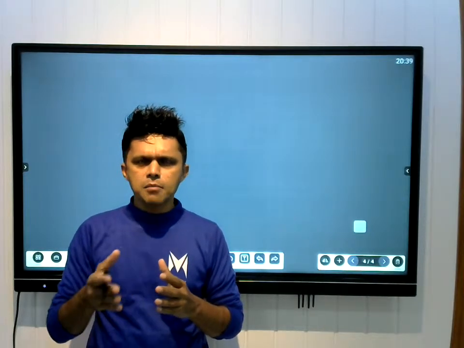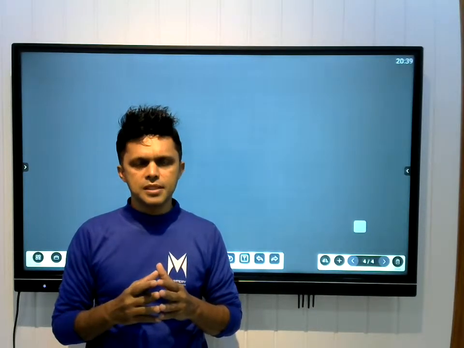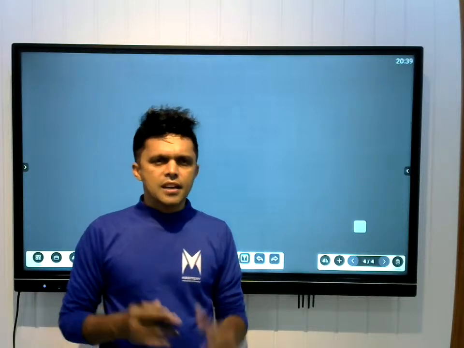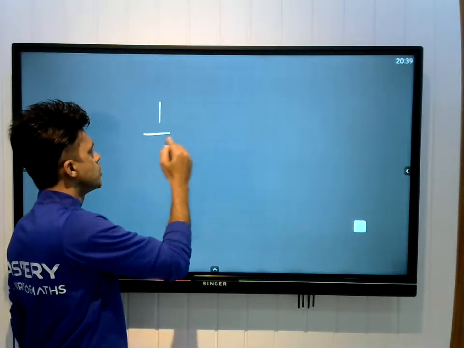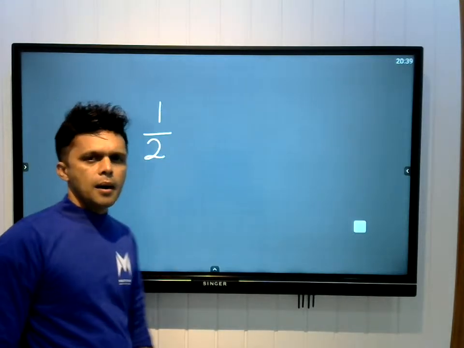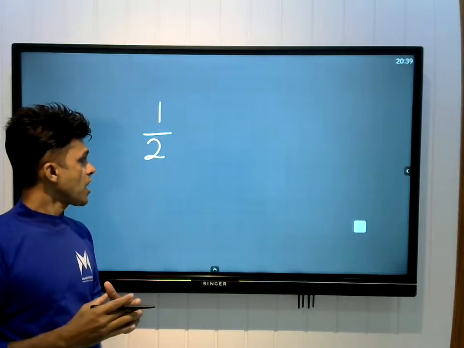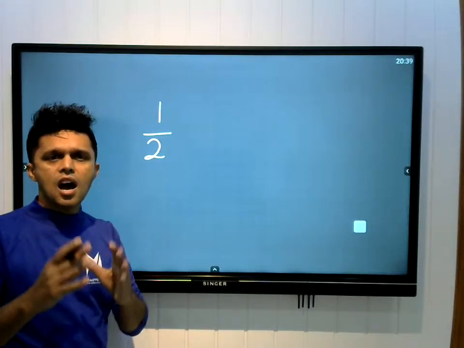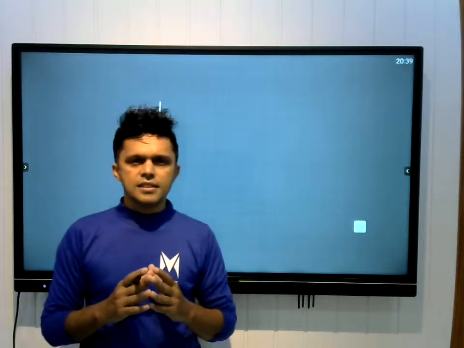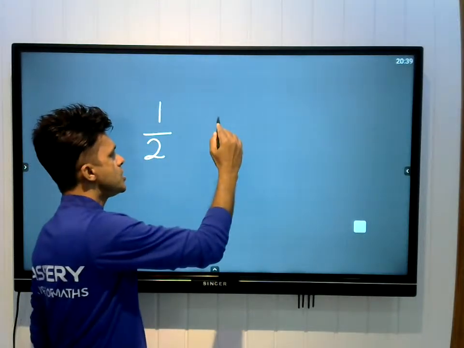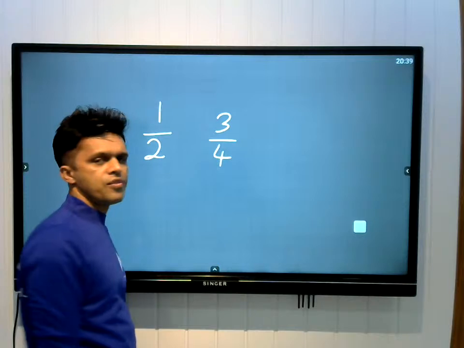This was met in the first term, according to my memory. Here is a fraction. You can read this fraction as half. This is half. This is 3/4.